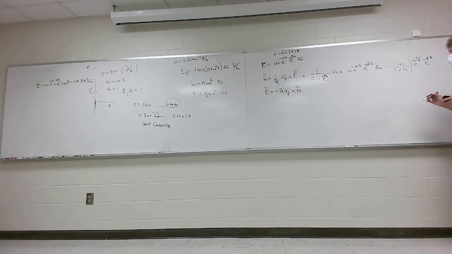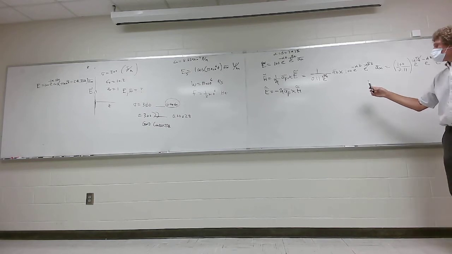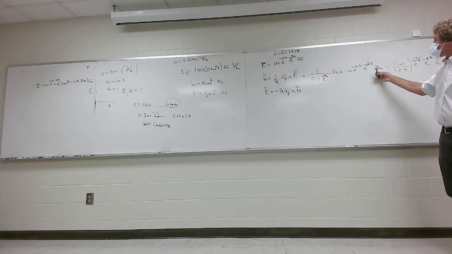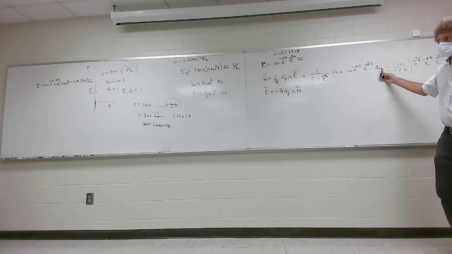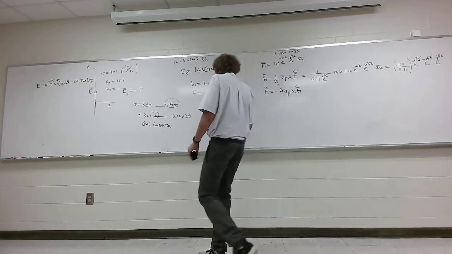I'm going to leave that there. That stays there, e to the minus j beta z. I'll combine a few things in a second, but y'all with me on what I'm doing here? And finally, I've got to take care of az crossed ax. What is that? Z crossed x is, and here's the way you do it.